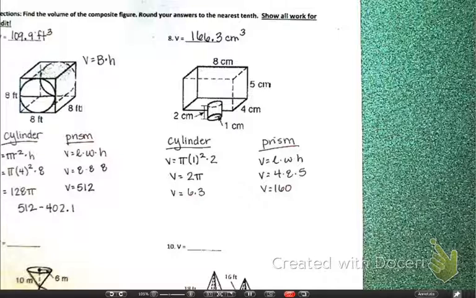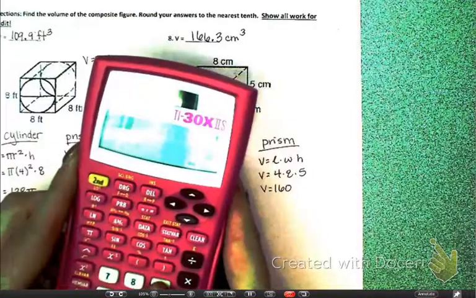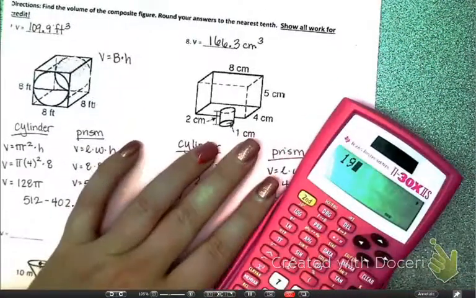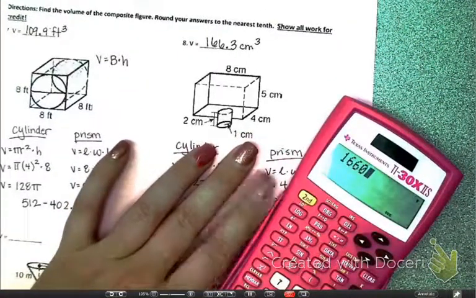Can I just add it without turning it into decimal? Like 2 pi plus 160? No. Well, what was your answer? Does that have the same calculation? Oh, you just did it in your calculator? Yeah, that's fine. So you can do it in your calculator as well. So I can do 160 plus 2 pi.